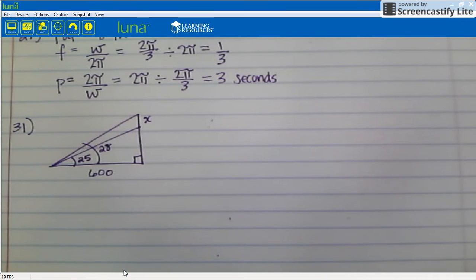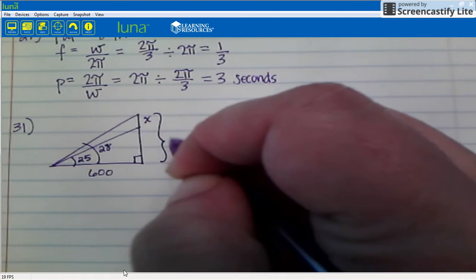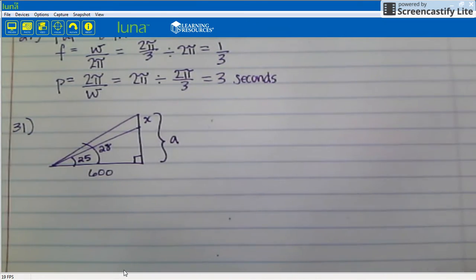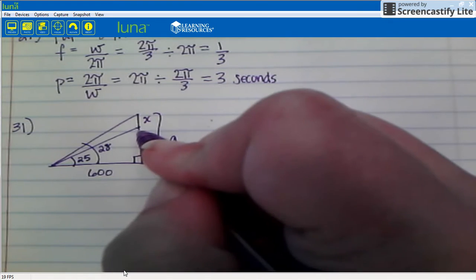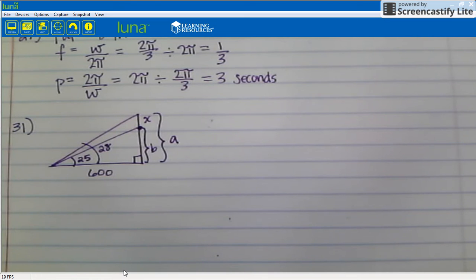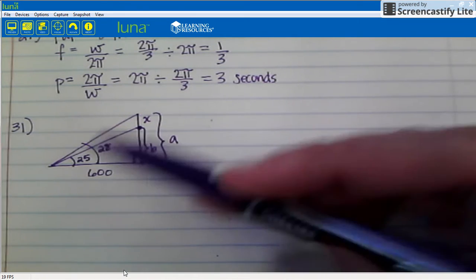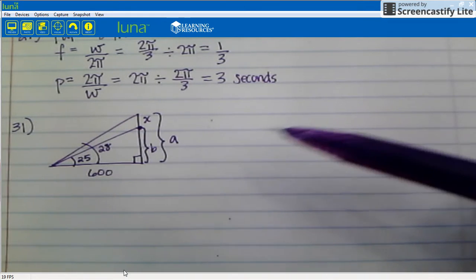And you are asked to find the length of x. Well, to find the length of x, I'm going to need the whole length, I'll call it A, and I'm going to use this length, I'll call it B. So to start off, I'm going to find the length A, and to find my length A, I'm going to use the whole angle 28.